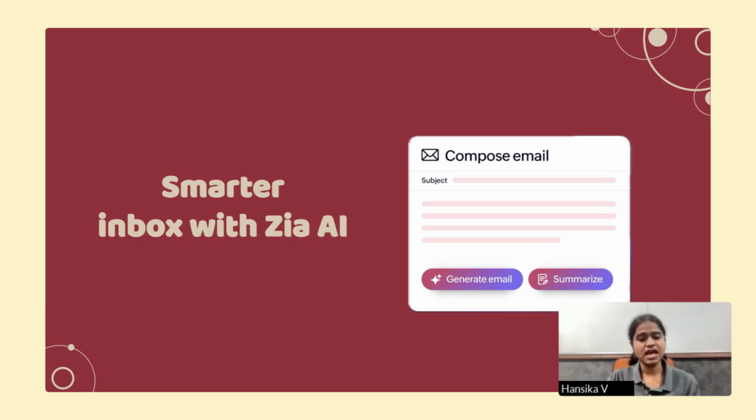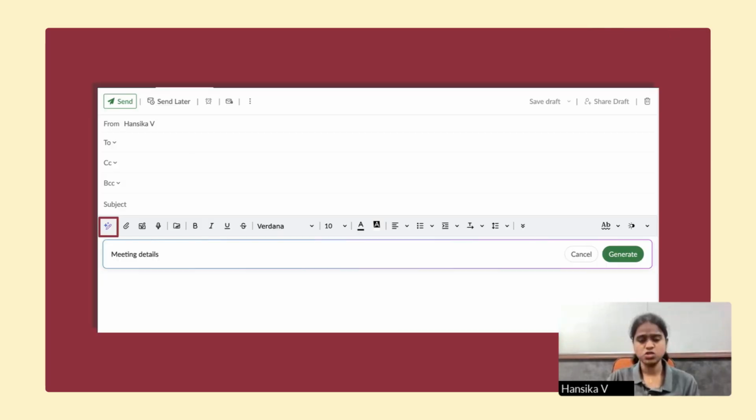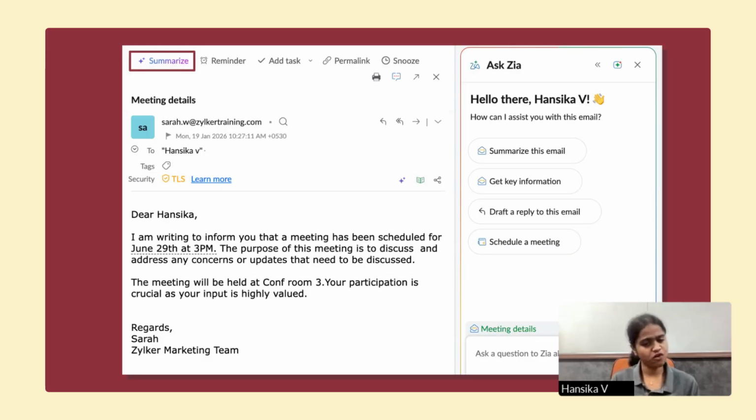With the help of Zia, the writing assistant in Zoho Mail, whether you are drafting a quick reply or composing a more detailed message, Zia's writing assistant is there to help you. It will help you refine the text for grammar, readability, clarity, and fluency, making your writing clearer and more professional. Also, we have AI summaries for emails and for the emails available in the shared mailbox.